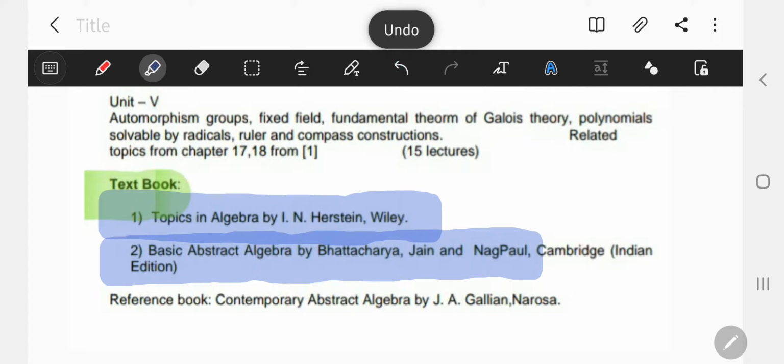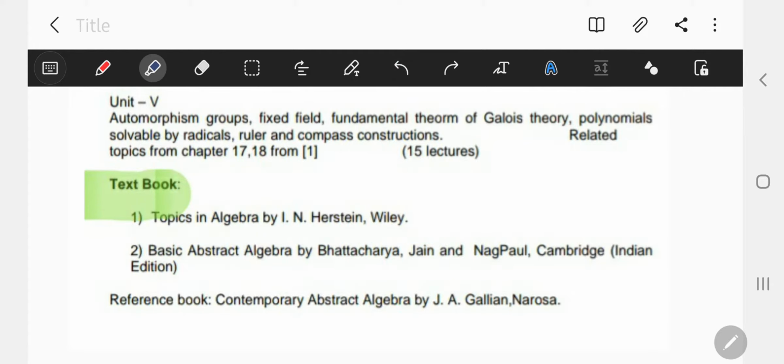In these 2 textbooks we have some chapters for unit first to unit 5.